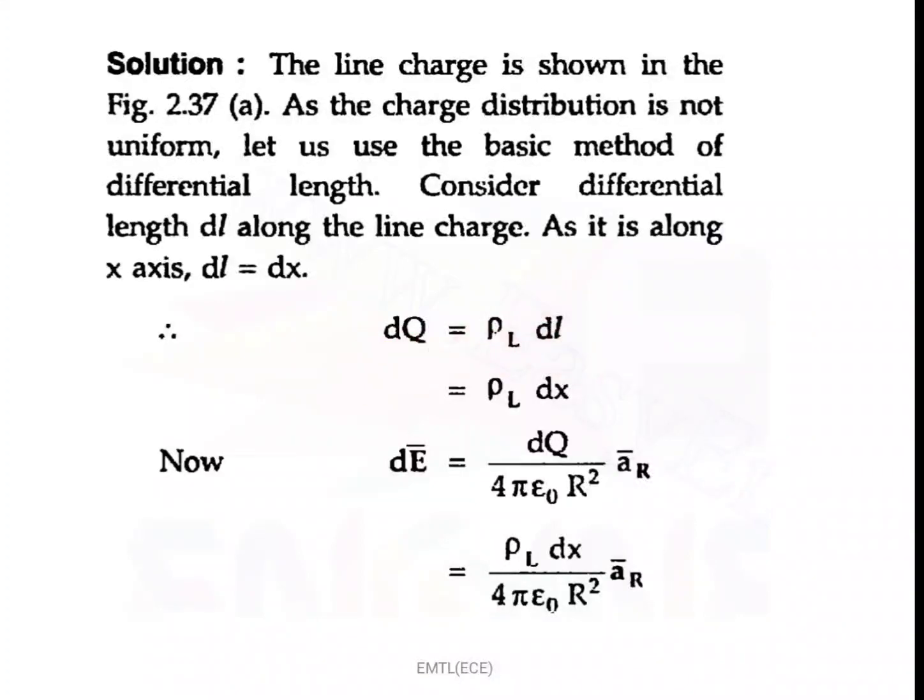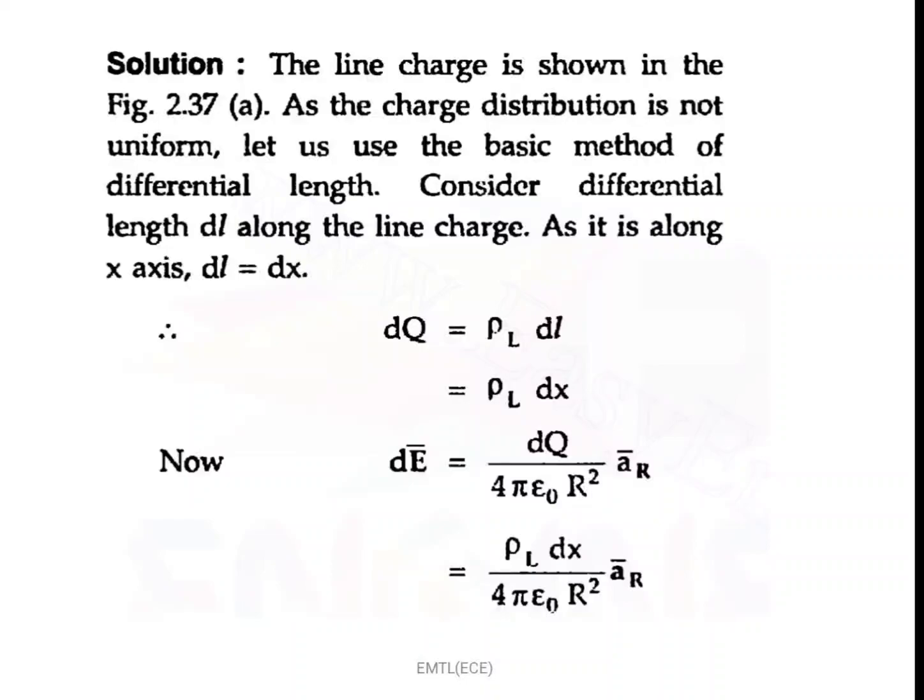The formula for charge is dq equal to rho L dl. So here the dl is taken as dx. Therefore for the smallest charge, the smallest electric field intensity dE bar is equal to dq by 4 pi epsilon naught r squared, aR bar.